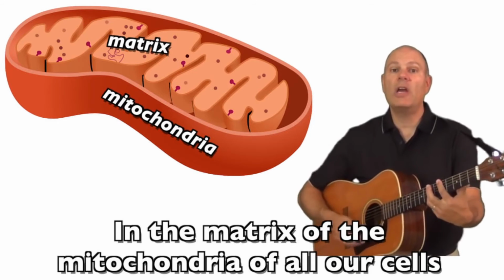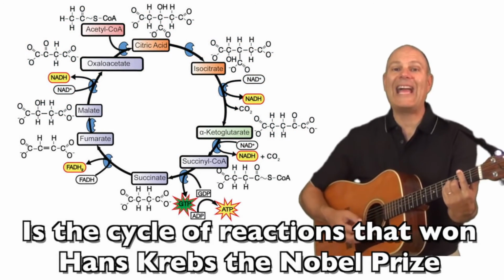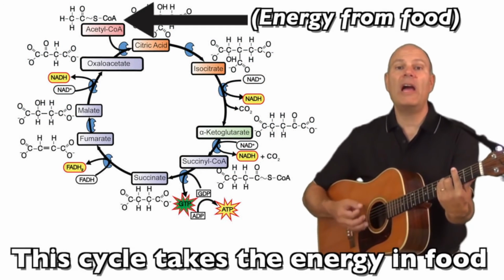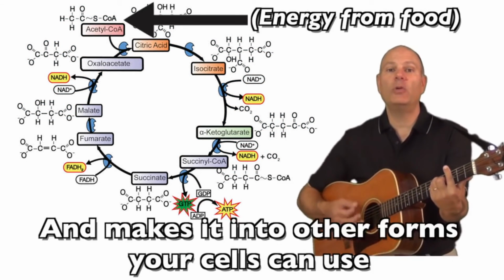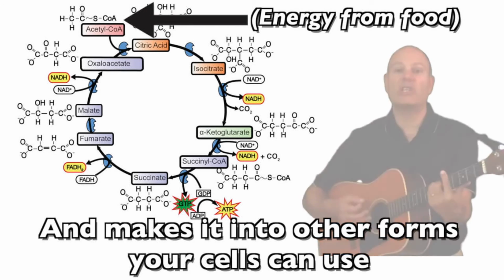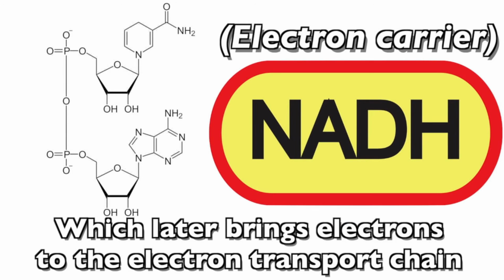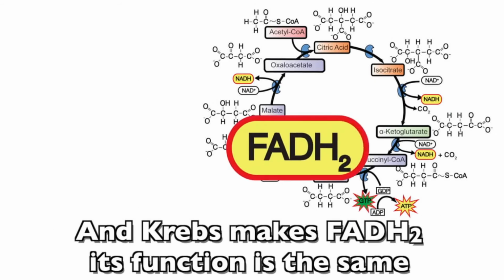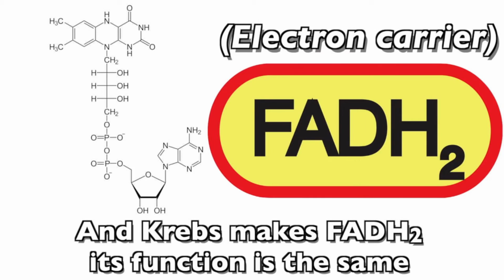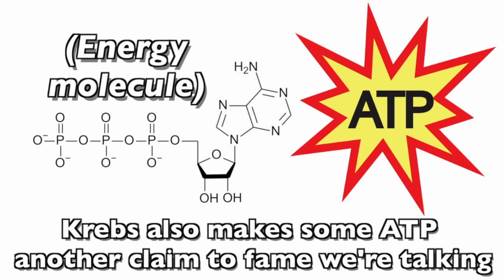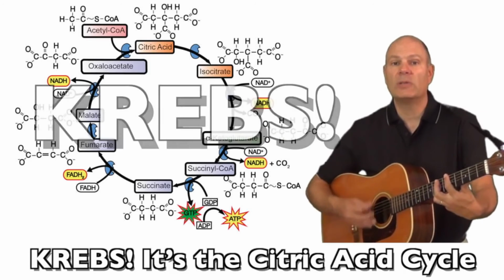Matrix of the mitochondria of all our cells is the cycle of reactions that won Hans Krebs a Nobel Prize. The cycle takes the energy in food and makes it into other forms your cells can use. Krebs cycle makes electron carrier NADH, which later brings electrons to the electron transport chain. And Krebs makes FADH2, its function is the same. Krebs also makes some ATP, another claim to fame. We're talking Krebs.